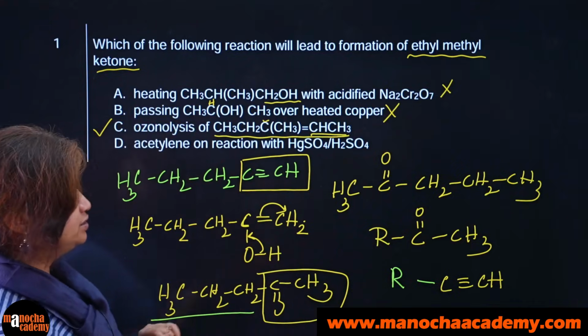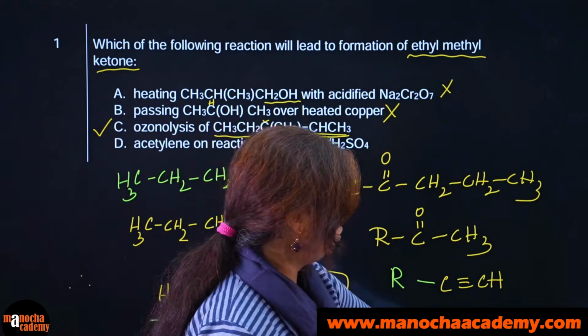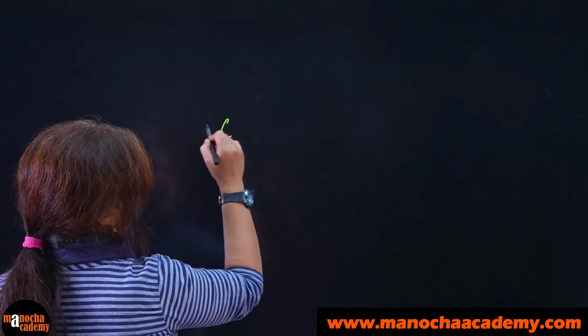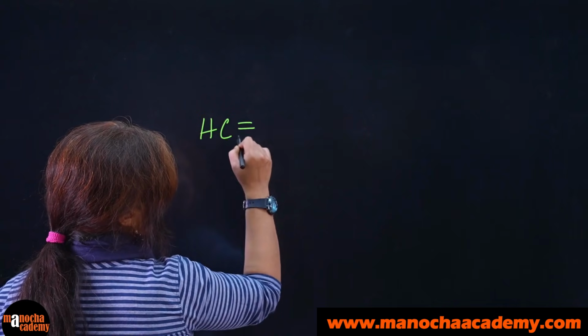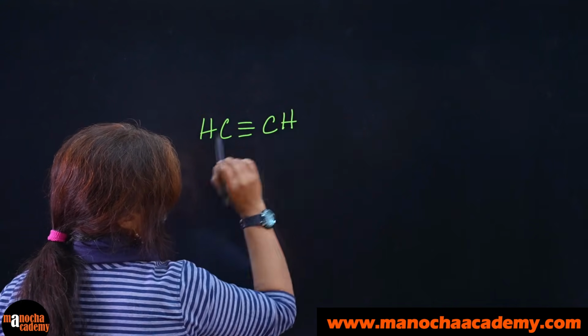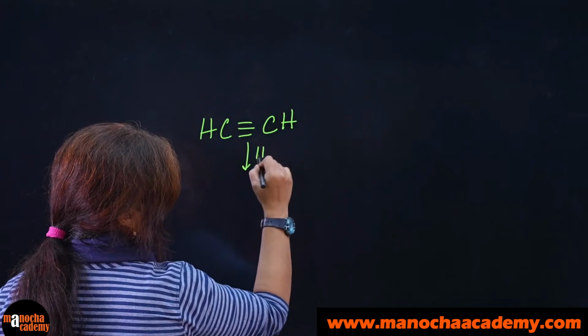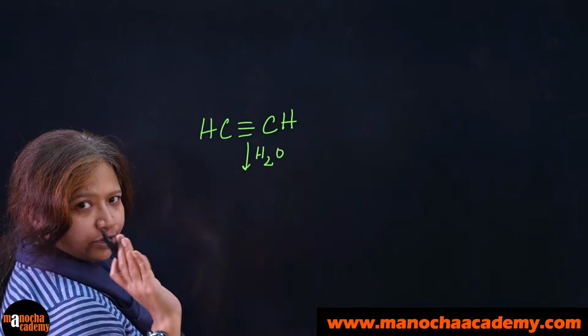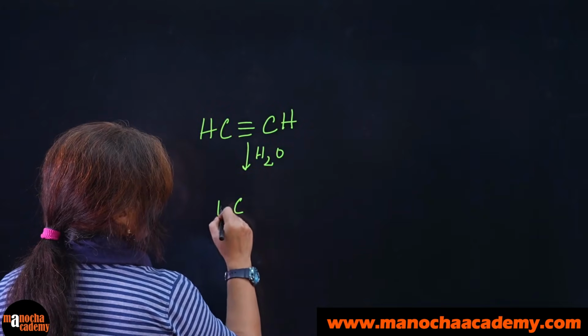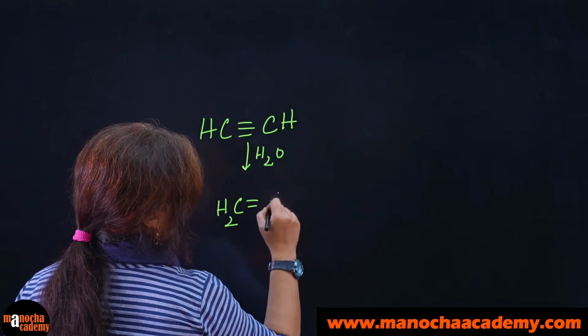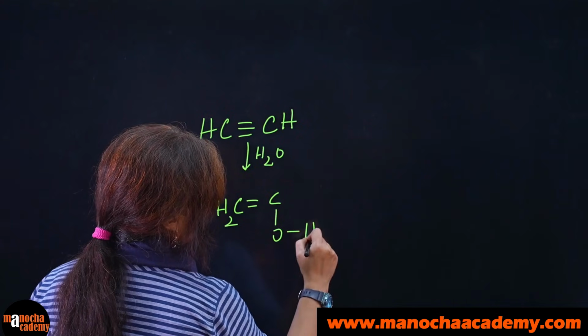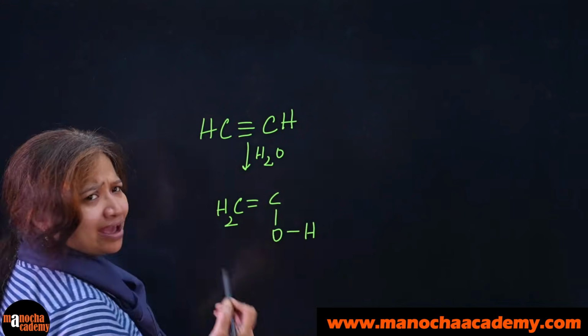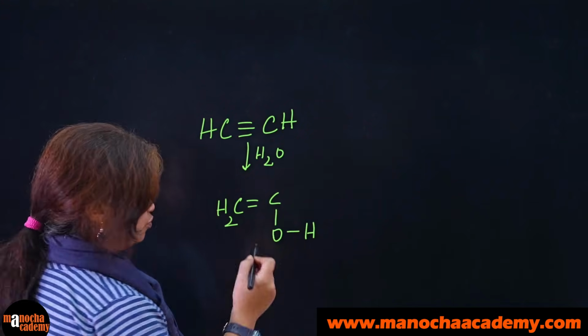Now coming to acetylene, I move to the next slide to show you that. In acetylene what happens, since it's not having any R, when you add water, that is dilute sulfuric acid and mercuric sulfate condition, to one carbon hydrogen is added, to the other OH group is added. Here there are no alkyl groups, that's the reason you get a CH group.